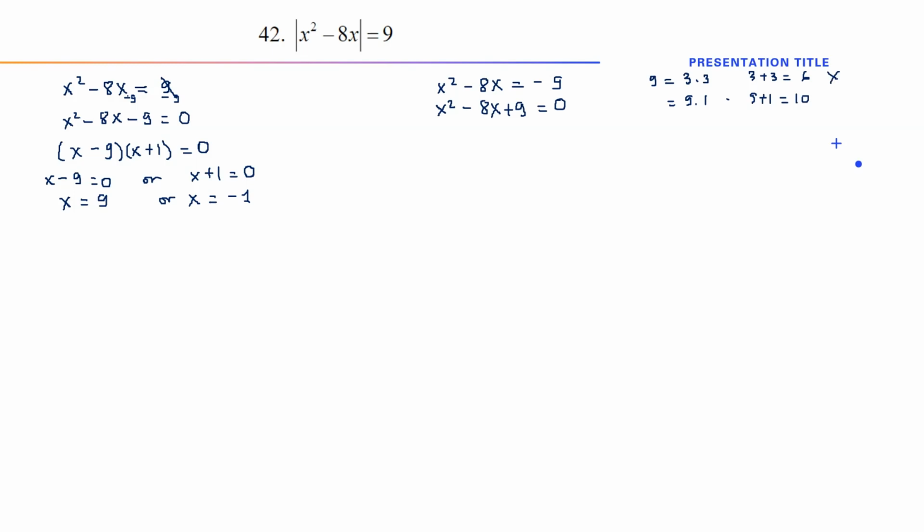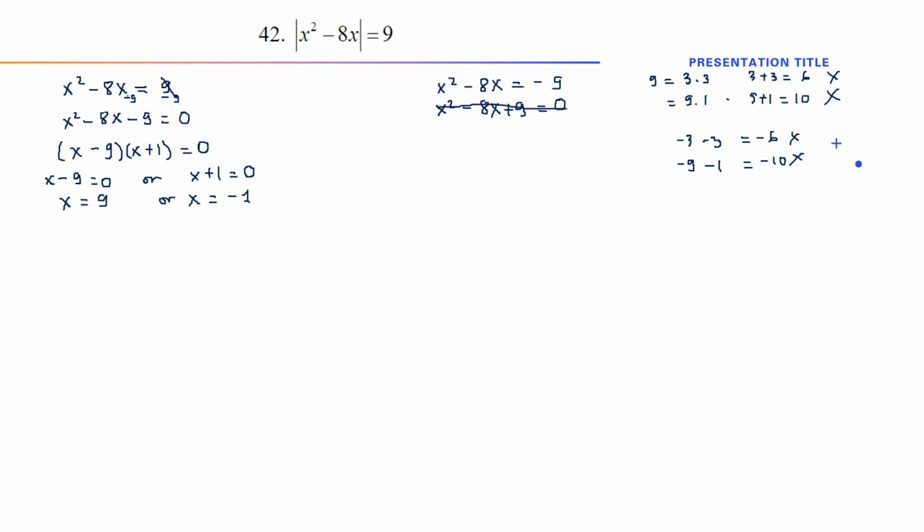So it's not the number we need. If we do negative and negative, negative 3 add negative 3 is negative 6, and negative 9 add negative 1 is negative 10. So it doesn't work.